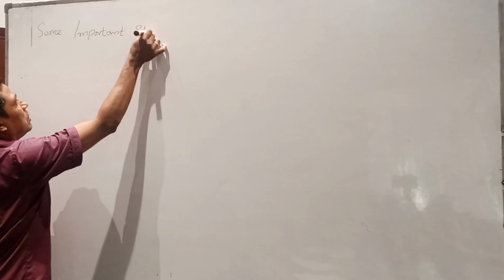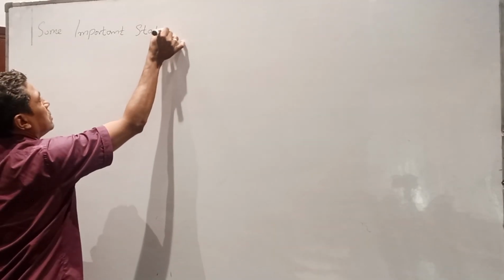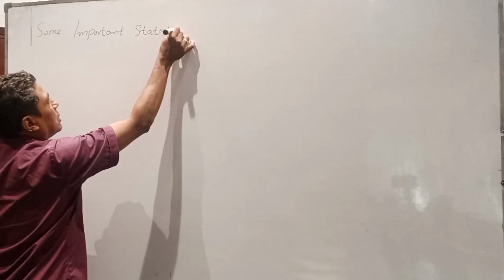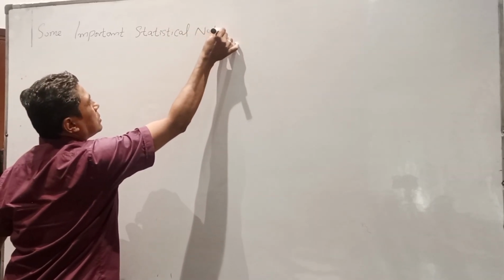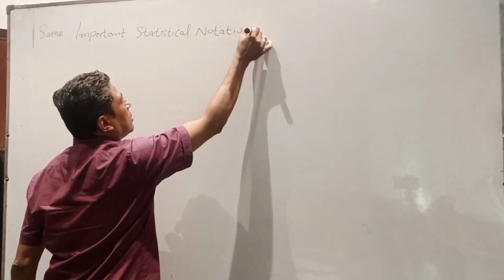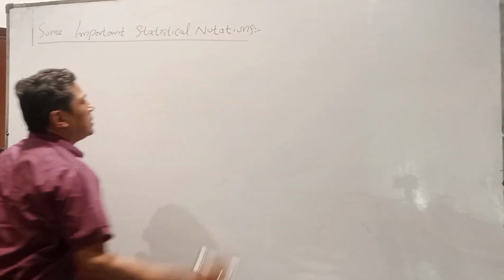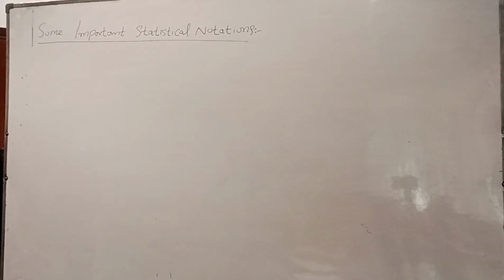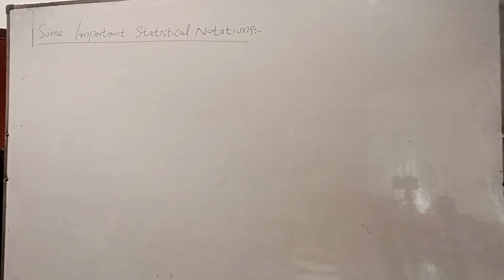These statistical notations we will use in the discussion of uncertainty. What are some statistical notations?